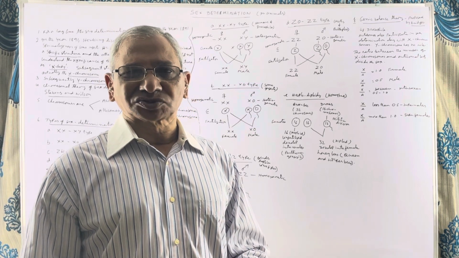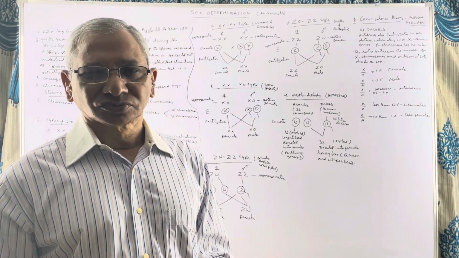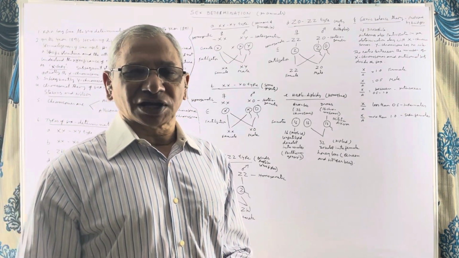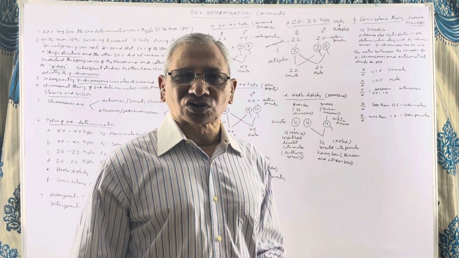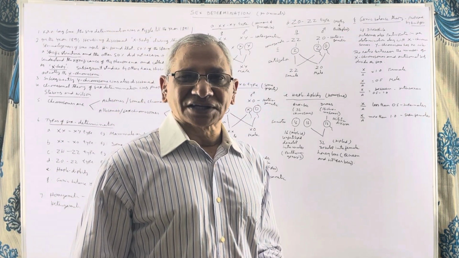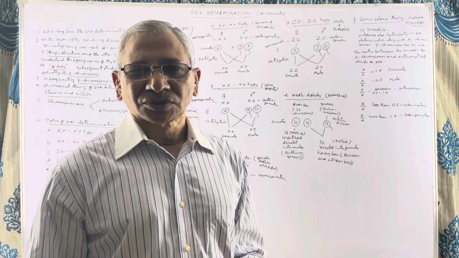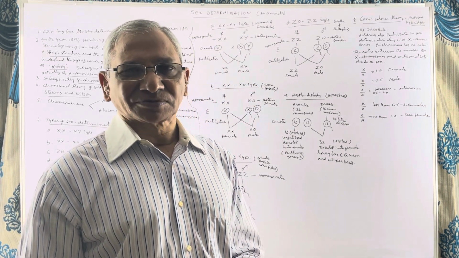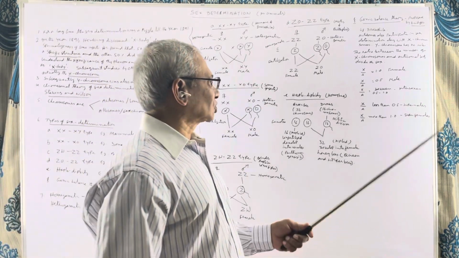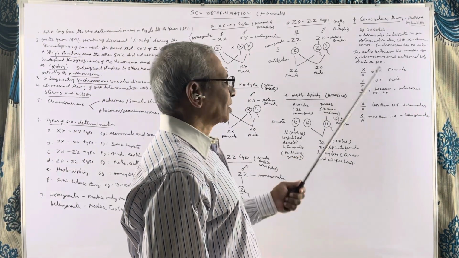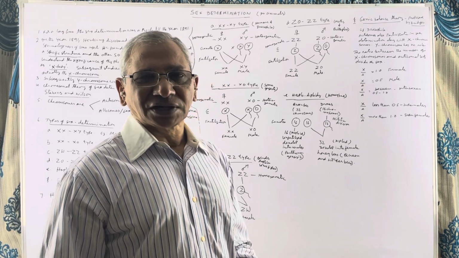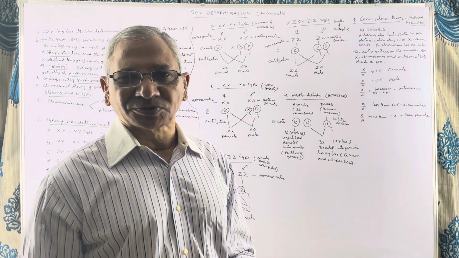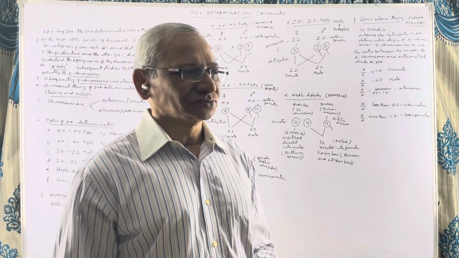Here sex chromosomes means only the X chromosome. In Drosophila, according to him, the Y chromosome is required only for fertility. Except for that, it has no role in determination of sex.